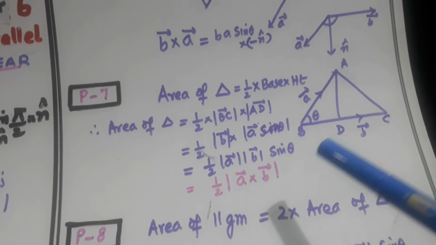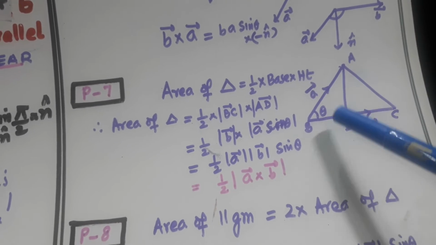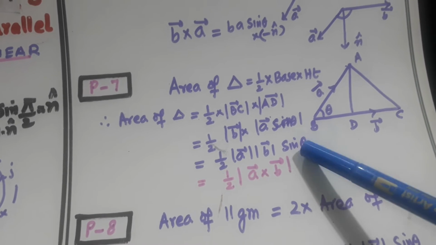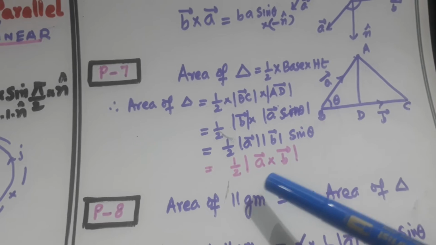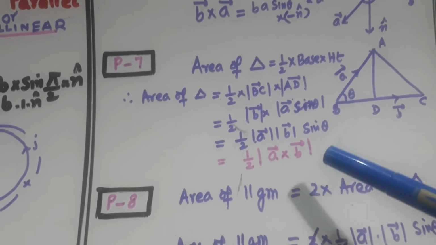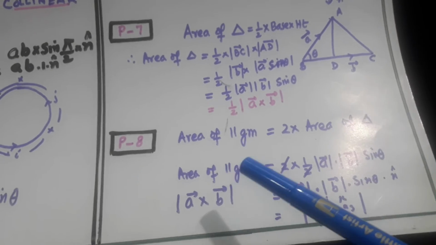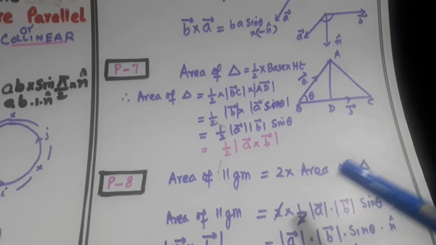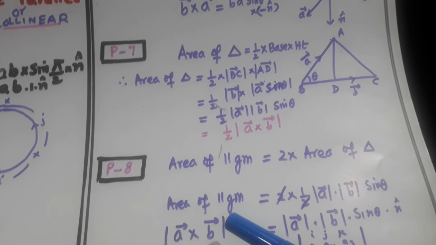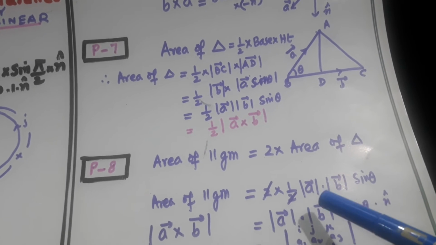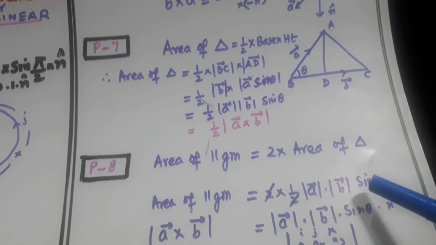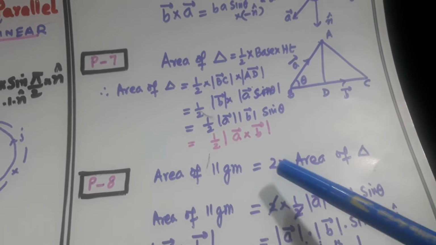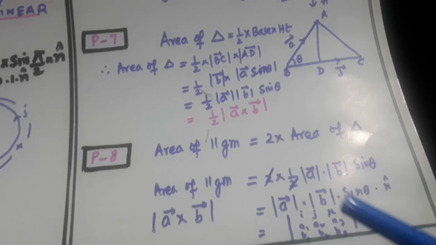And the angle between the perpendicular and the base is 90 degrees. So sine theta will become 1. So it will be half into A cross B. Area of parallelogram, we know it is 2 into area of triangle. So area of parallelogram will be AB sine theta, because this 2 will cancel the 1 by 2.